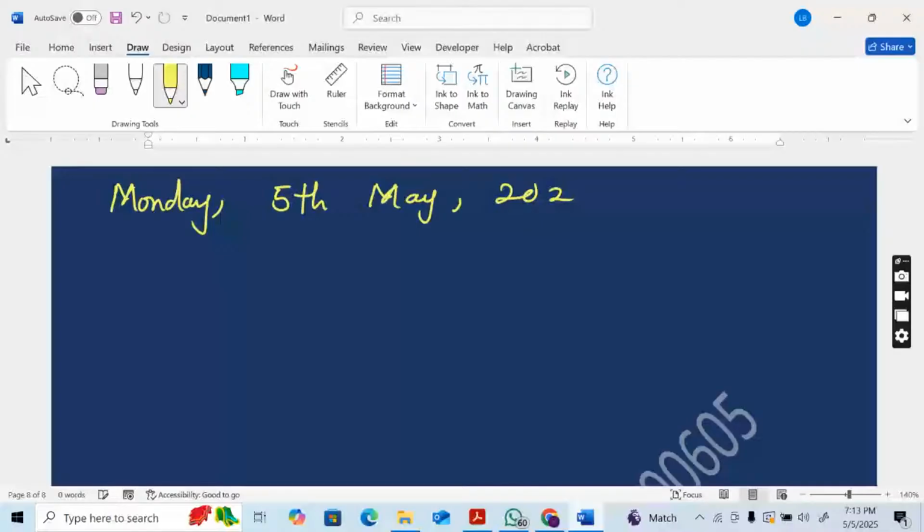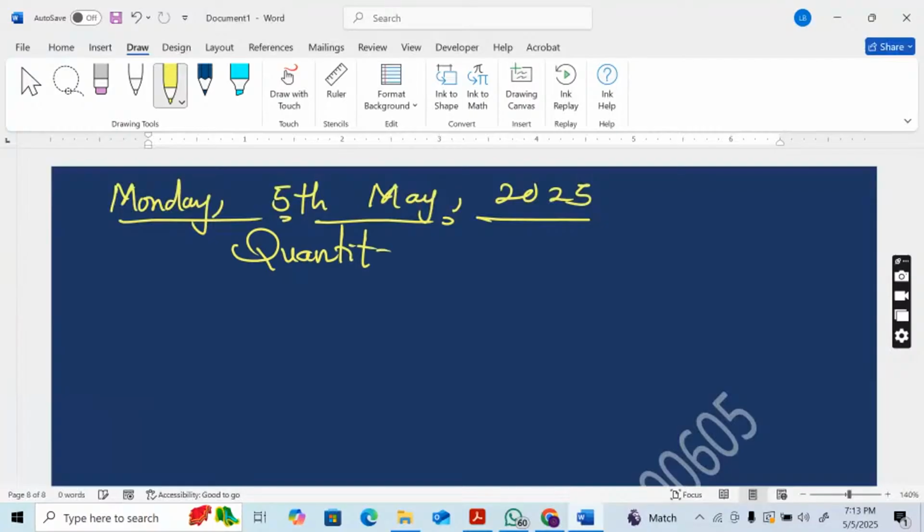So today is 5th May 2020, and this is quantitative reasoning class. Everybody write down the date. Then let us look at the samples that we have for this class.